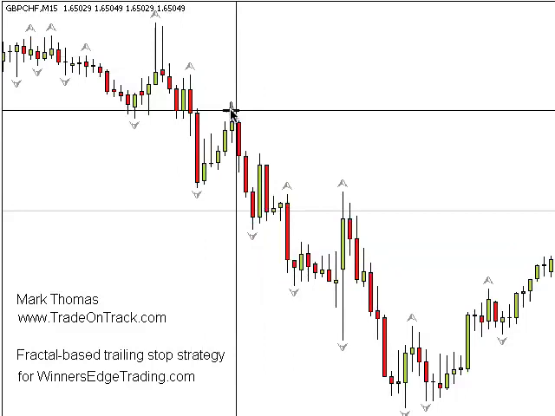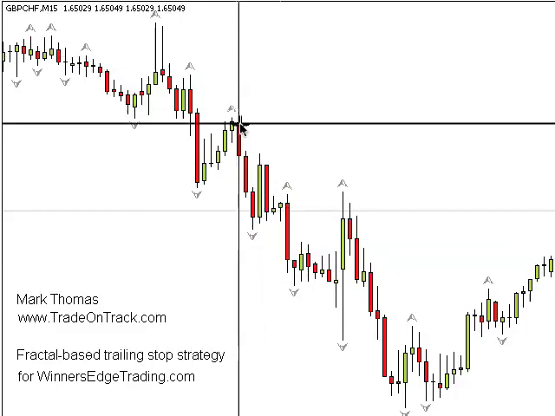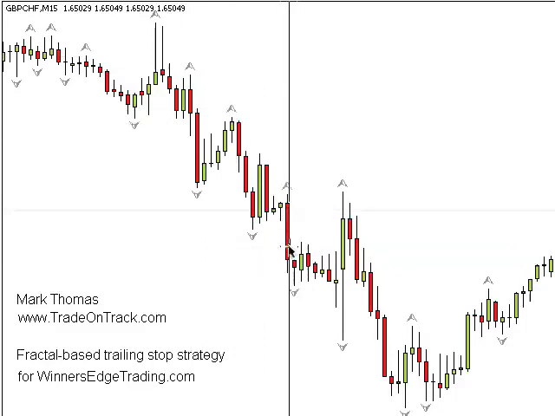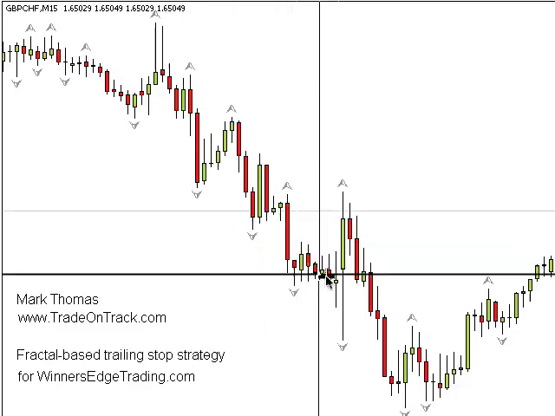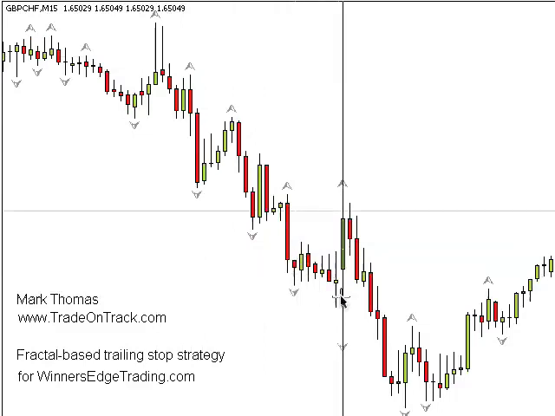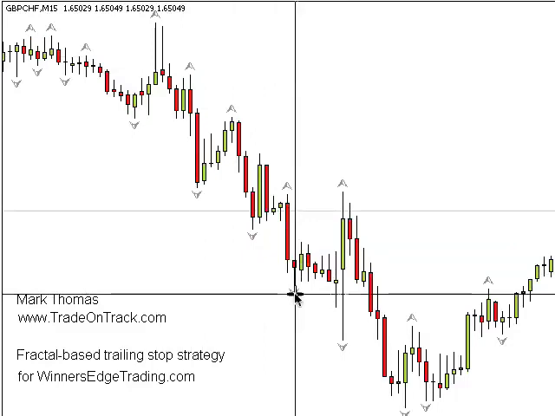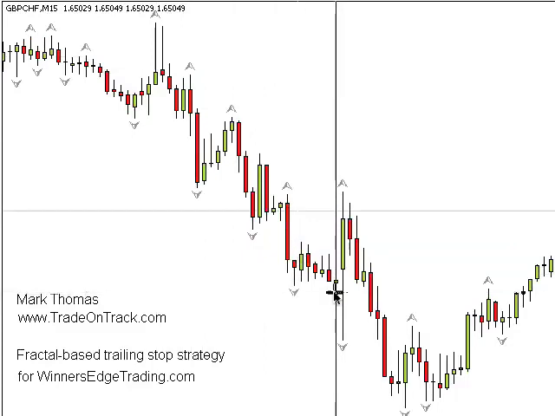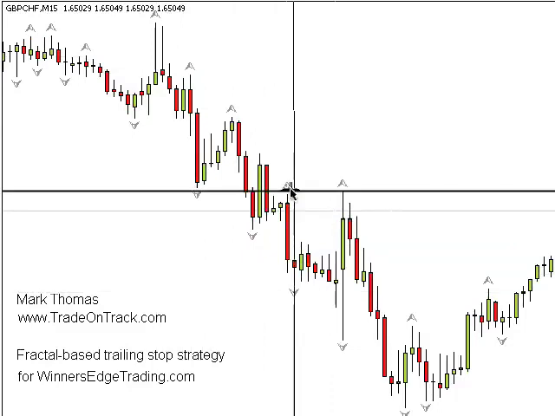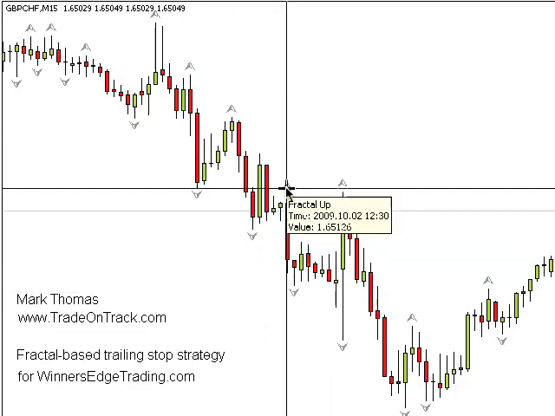Now if you remember, that's where we had our stop anyway, so we don't actually move our stop in this case. Price continues, breaks through the last bullish fractal again on this candle, so we move our stop to just above the last bearish fractal, so we'd move our stop to about here.